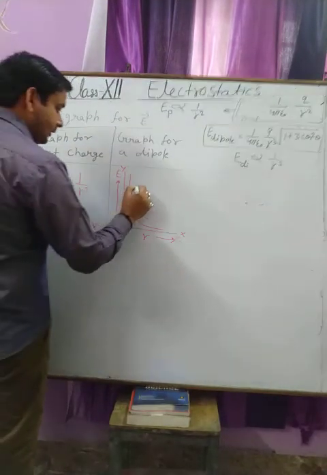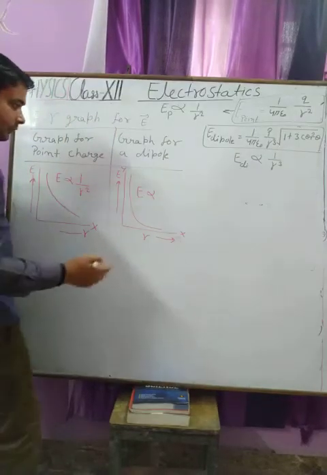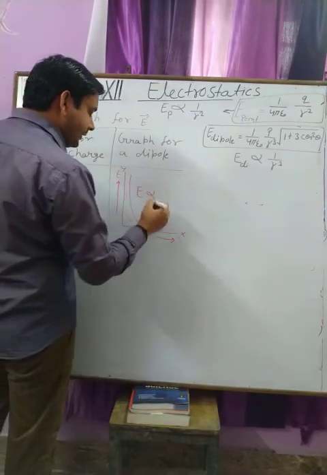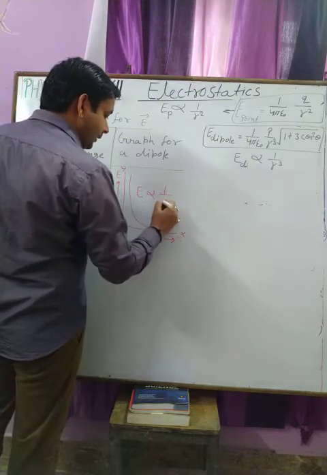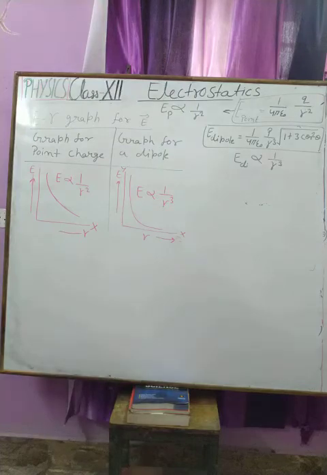This is the depletion, or gradually decreased value, of electric field due to dipole, and these are the rules of the two cases.